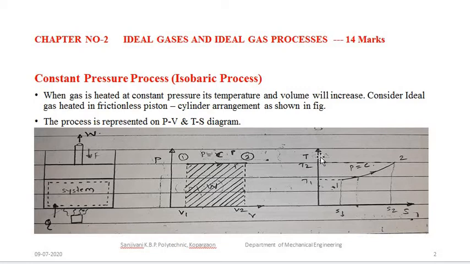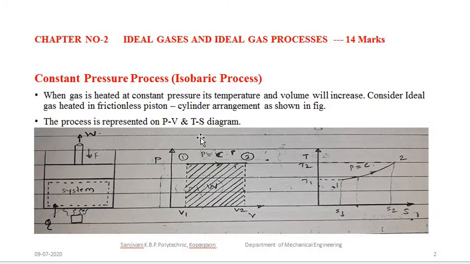Similarly, on the temperature entropy diagram, from state point 1, as heat is added, the entropy of the gas increases. Therefore we get this type of curve up to the final state point number 2. Here S1 is the entropy at state point 1, and S2 is the final entropy after the heat addition. So this is the representation of the constant pressure process on the PV and TS diagram.